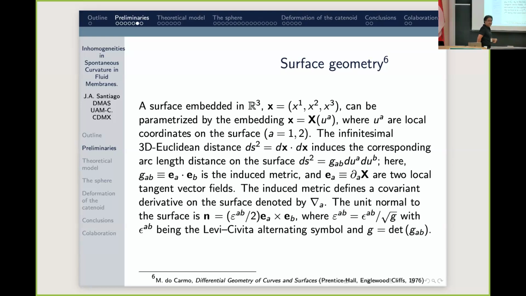And to complete the basis, we have two tangential vectors and one normal vector to the surface, right? The normal vector to the surface is defined by this formula, where we have the Levi-Civita tensor and g, the determinant of the induced metric, right?